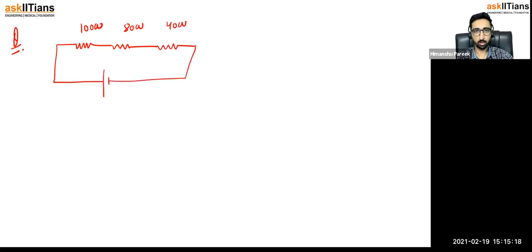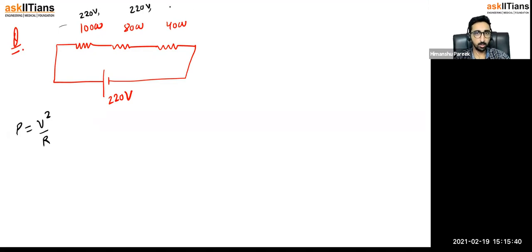But now they are connected to the 220-volt battery in series combination. Now what will happen? Power is equal to V square by R. But in this case, the resistance of every bulb would be different because their rating is done for 220 volts. Every bulb would have a different resistance.